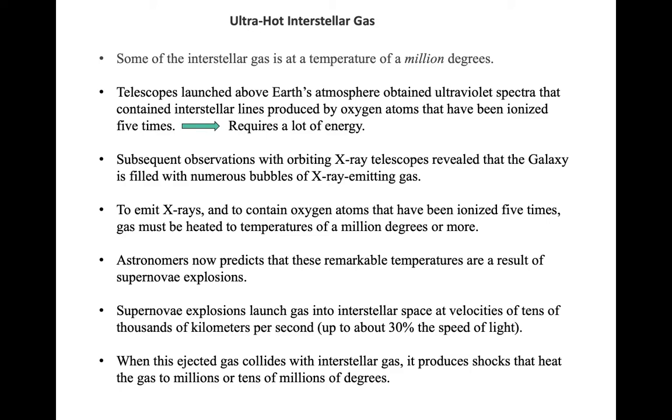And a supernova explosion means an explosion of a star at a particular point during its lifetime. There are two types of supernova explosions, type 1 and type 2, and they are also subcategorized. I'm not going to talk about that in too much detail now because we will have a section about that, right? What happens in a supernova explosion is that they launch gas into interstellar space.